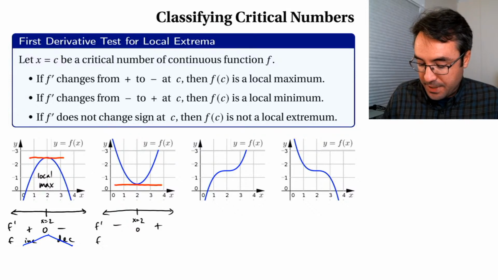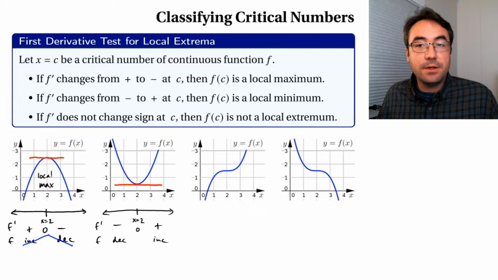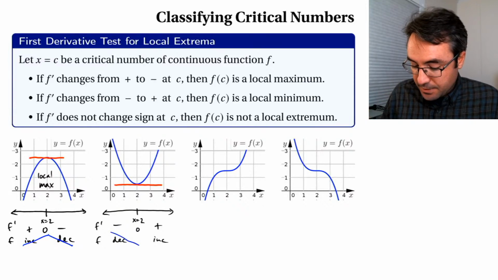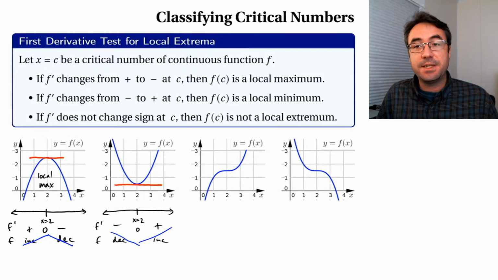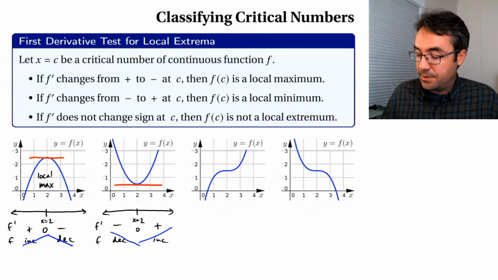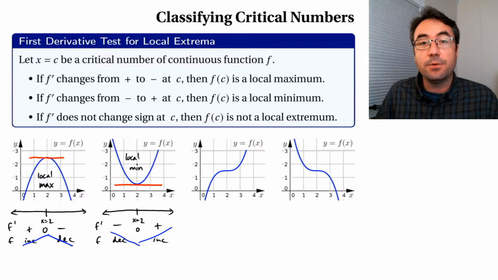So f would be decreasing and then increasing. If we draw in what a decreasing shape would look like and then an increasing one, that's basically what the first derivative test is telling us. We have a local min. We have that change in direction: we go from decreasing to increasing, we have a local min.